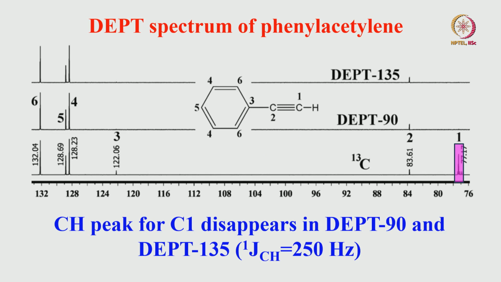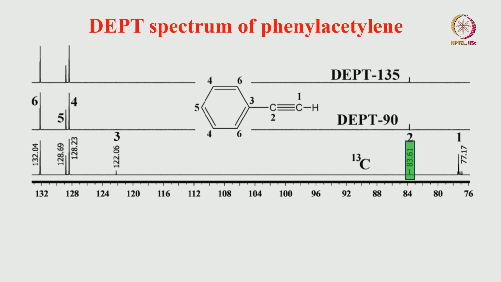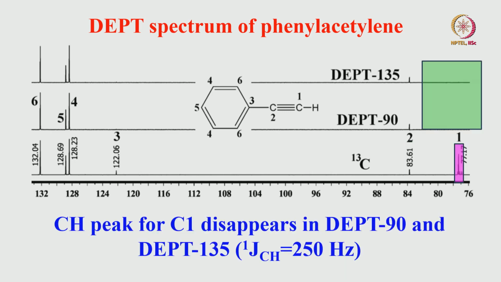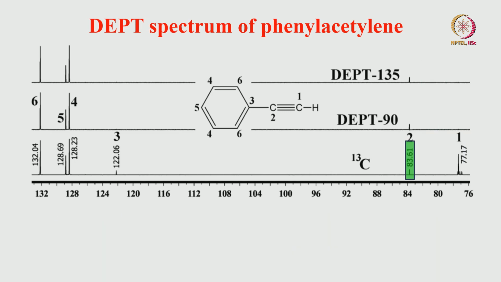As a consequence, what is going to happen? In DEPT 90, we should see only the CH peak, but it is not appearing here. If you go to DEPT 135, it is also missing. So these types of errors will happen, and in this one, a peak starts appearing.